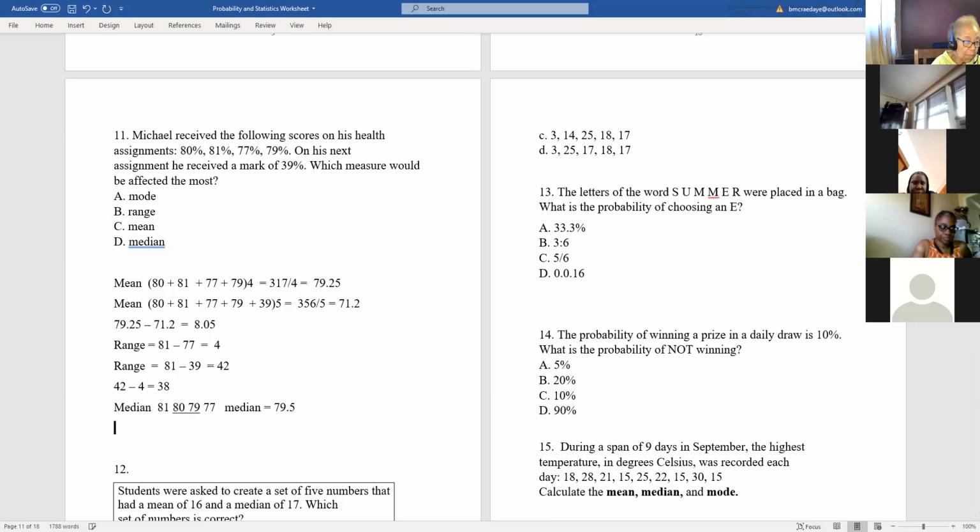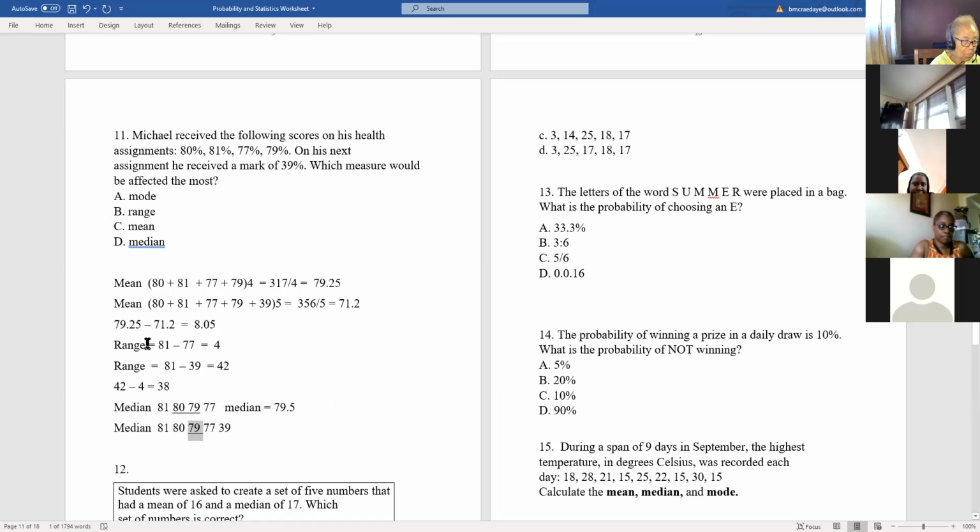Then if we do the median for the next one, and put them in order. Okay, that would be 81, 80, 79, 77, and 39. What's the median? That's an odd number. So it would be the one in the middle. There's the median right there. 79.